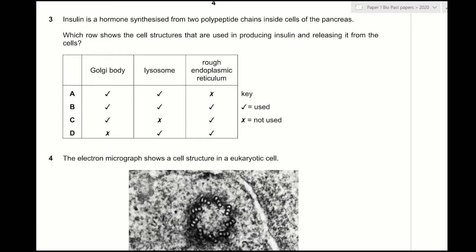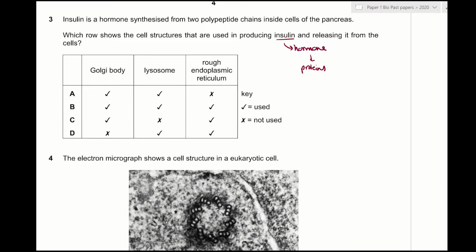Question number 3. Insulin is a hormone synthesized from 2 polypeptide chains inside the cells of the pancreas. Which row shows the cell structures that are used in producing insulin and releasing it from these cells? So first of all, insulin is a hormone. And we know that hormones are made of proteins. And now we must identify the structures that are involved in protein synthesis.